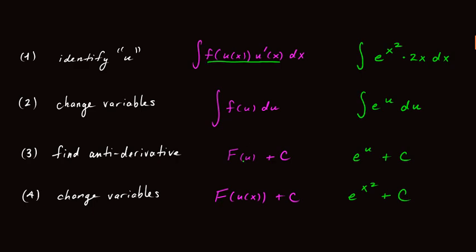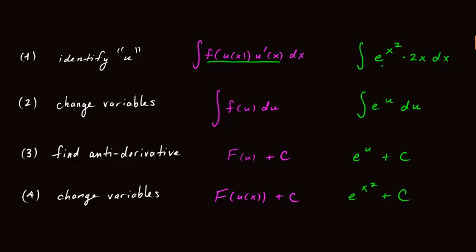But let's see this as a process. That's what substitution allows you to do, is make this into a process. So the first thing we want to do is identify the composition. We have to figure out what is the inside function, just like in differentiation using the chain rule. Here we have to find the inside function.